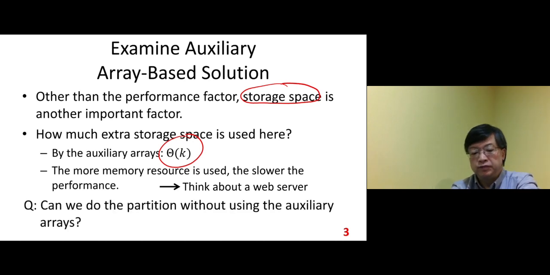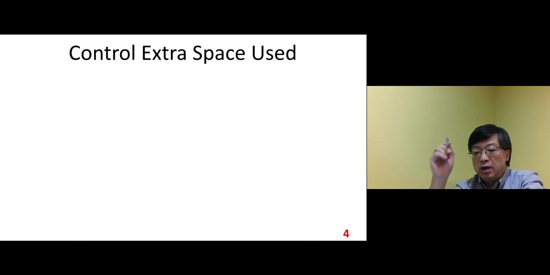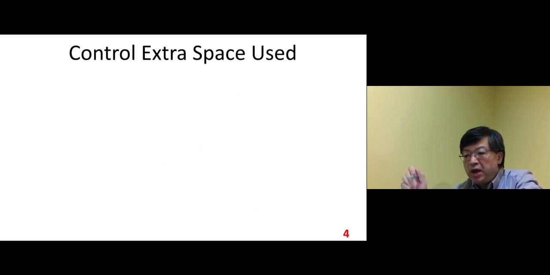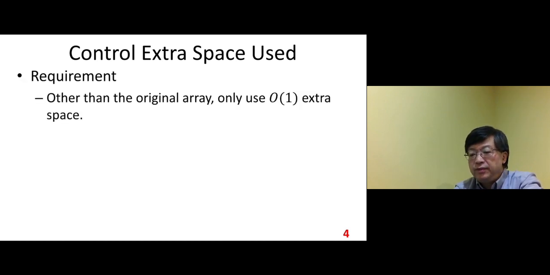The question: can we do the partition without using the auxiliary array? It's possible, so we can make that happen. We need to control the extra space used. Our goal is to save the space used for auxiliary arrays.